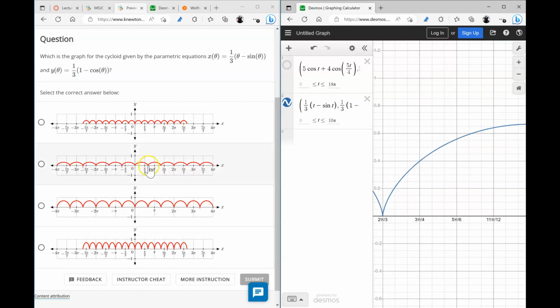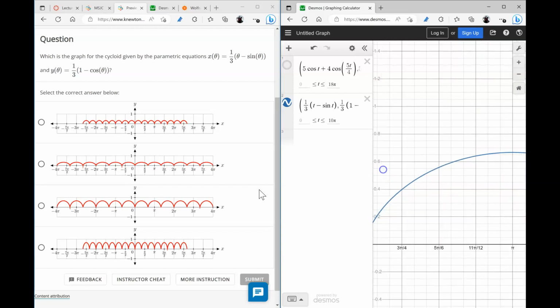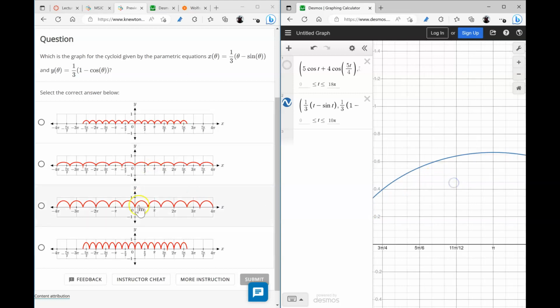Two of this, right? And which one of them reaches the maximum height at closer to 1 than to 0? It's this one.